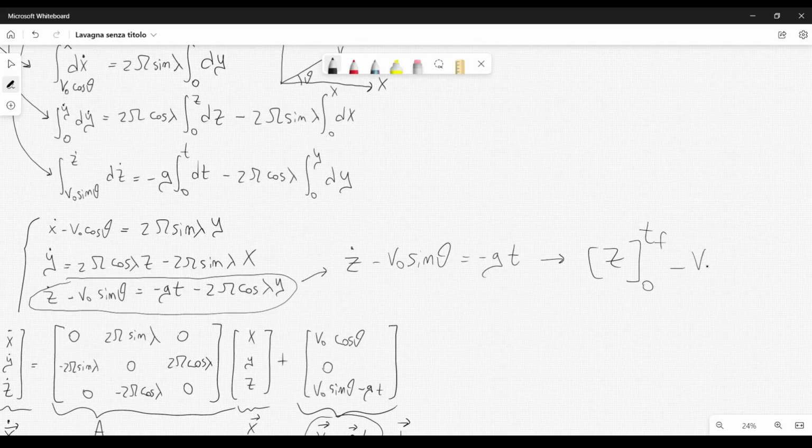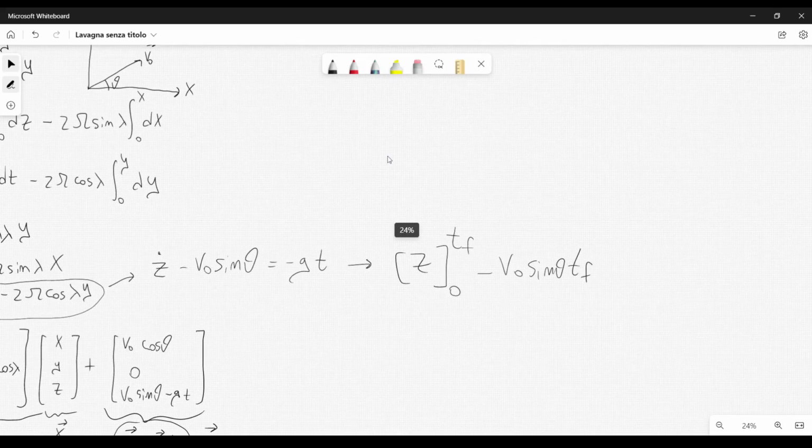Then we have minus v0 sine theta tf, and this is equal to minus g tf squared over 2. But now when we evaluate z at time 0, we get 0, and also when we evaluate it at tf, we get 0, by definition, because the projectile will hit the ground. So this is 0. And from here we get an approximation of tf.